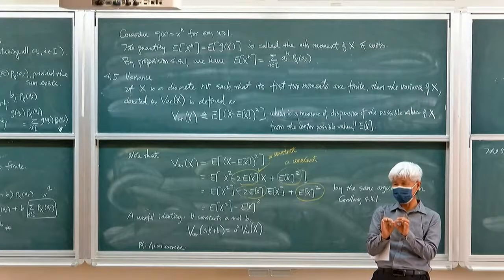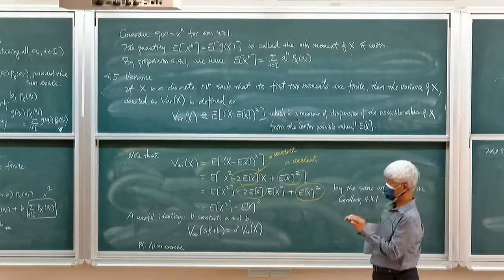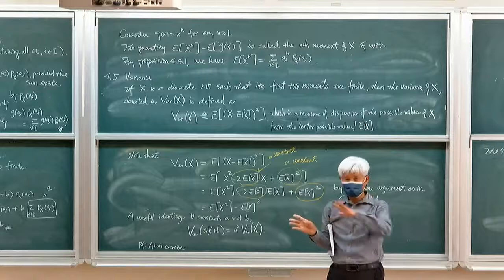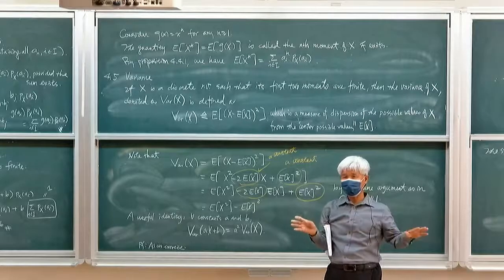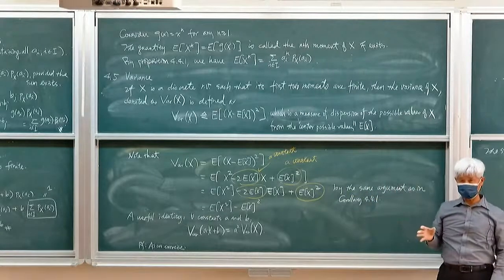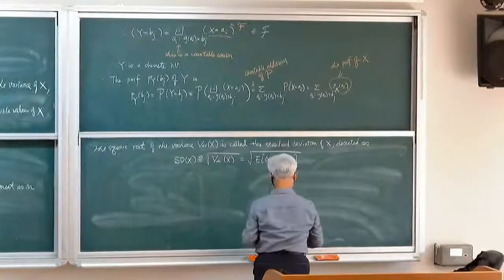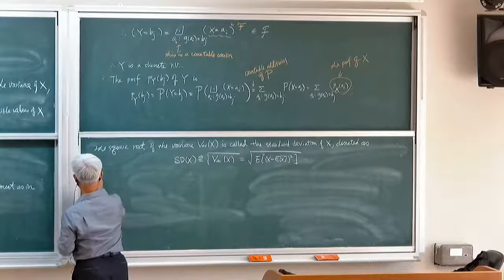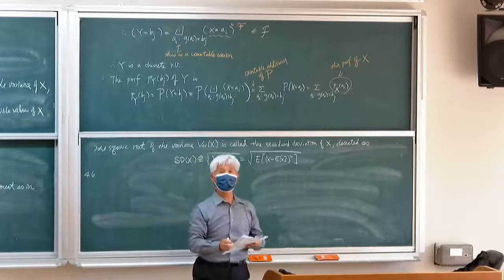But if the possible values are distributed over a wide range, then the variance and the standard deviation will be big.